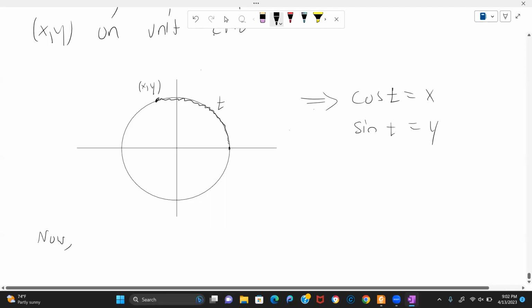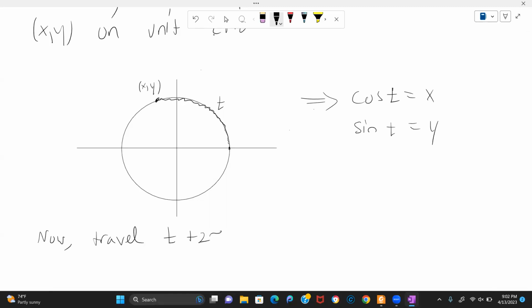Now travel t plus 2 pi units. Well, distances are additive. So if you want to travel 2 meters, you can travel 1 meter and then another meter.